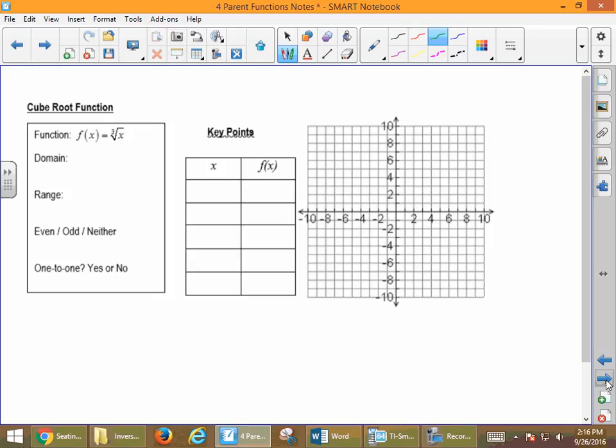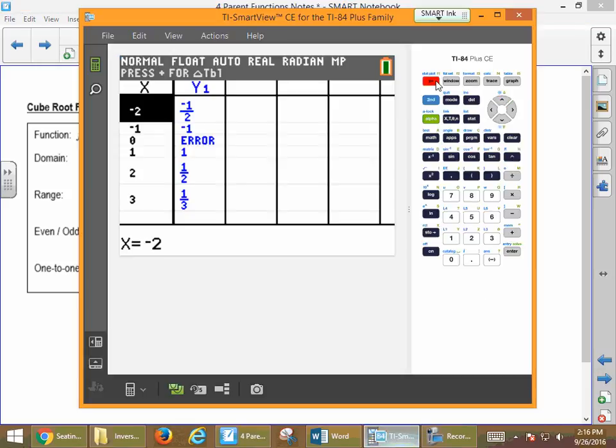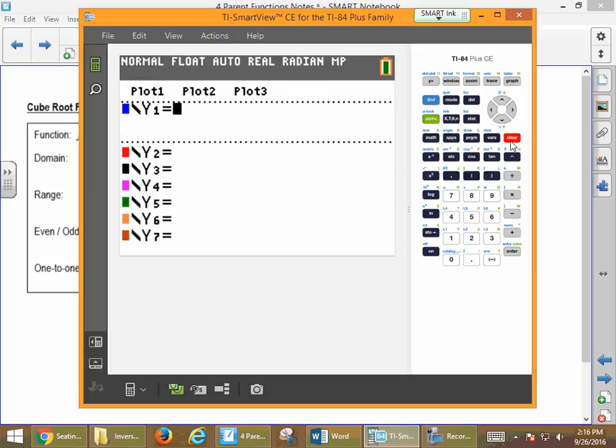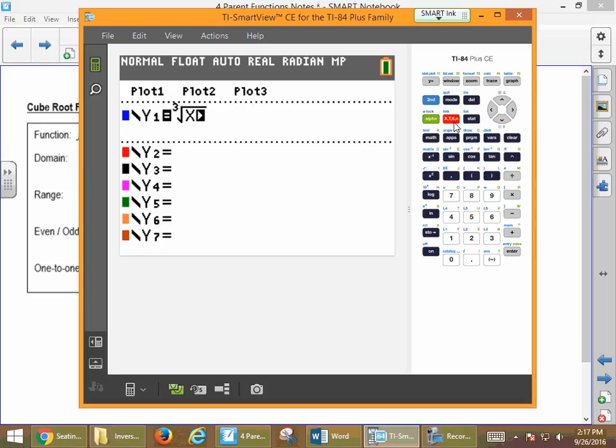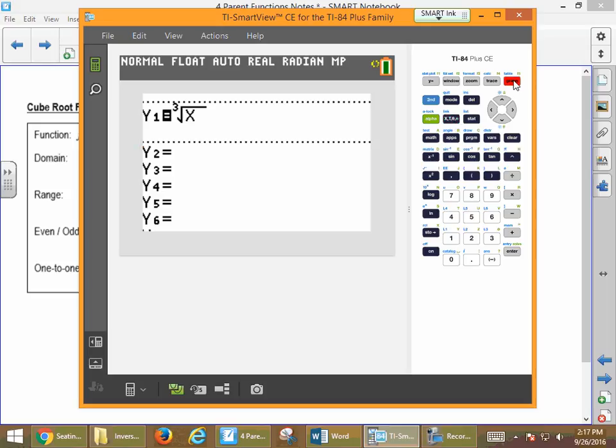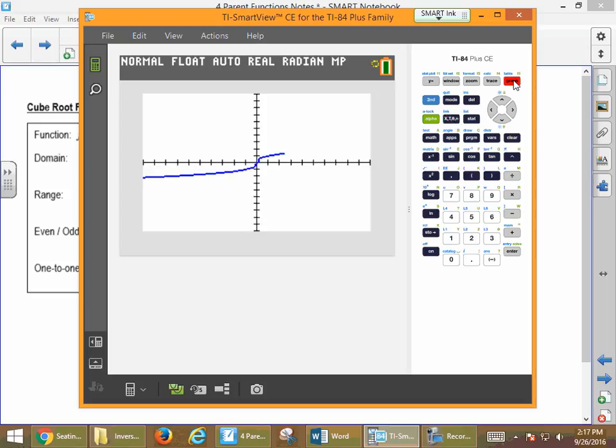The cubed root function, again, I approach it the same way. It's one of my favorites to draw. But if you need to, remember math is the function. Or if you're using the Inspire, the same button that you use to get the absolute value. It's the cube root of x. Looks like that.